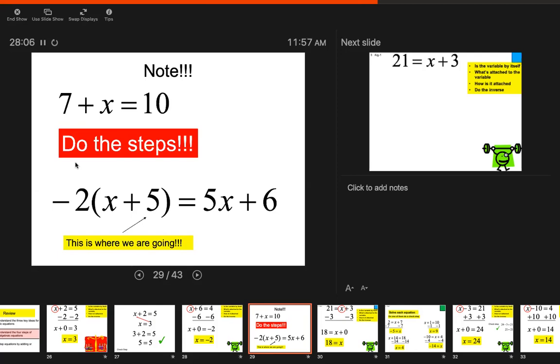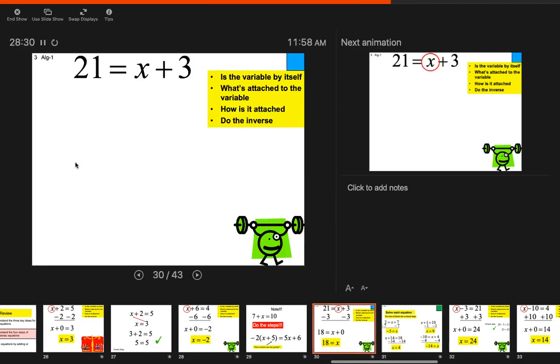But this is just a bunch of one-step equations put together. This is 1, 2, 3, 4, 5, 6 steps to get to an answer. This is where we're going in just a few short days. If you can't do the steps for 1 step, you can't do it for a 6-step equation. A 6-step equation is just 6 one-step equations put together. You'll see when we get there.